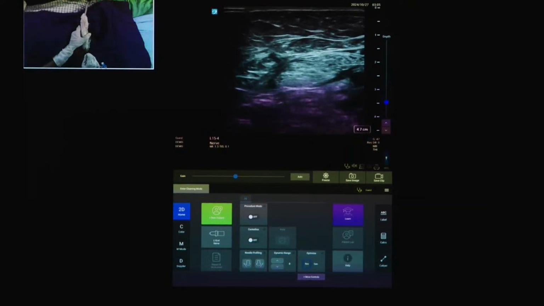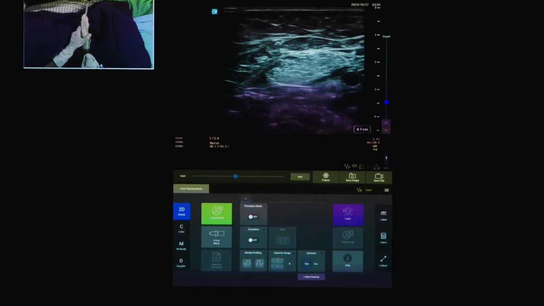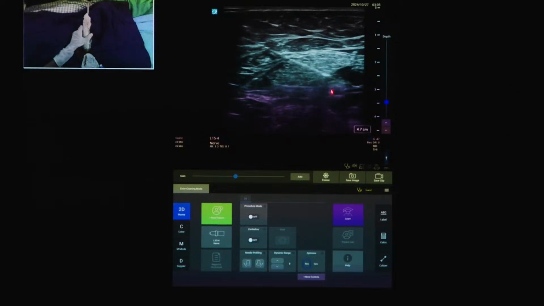Pierce avali. Yeah, I'm there. Now you can see the proper needle track and all. Give the drug. I'm there.